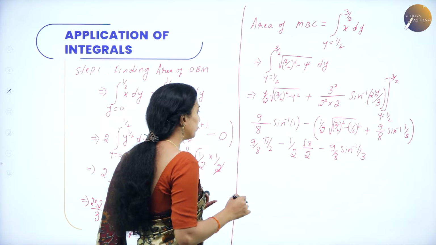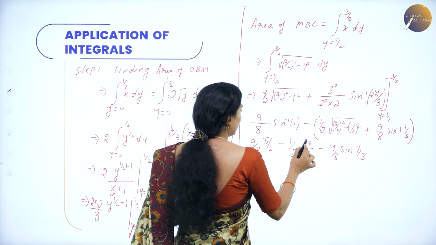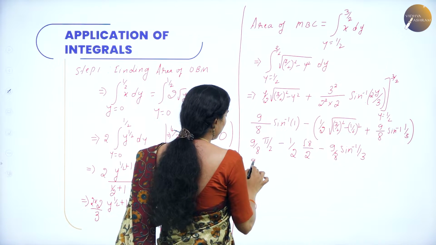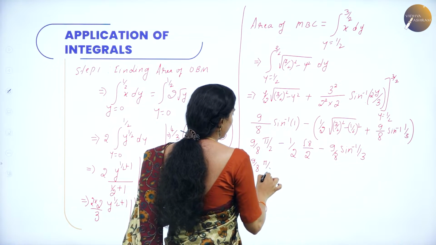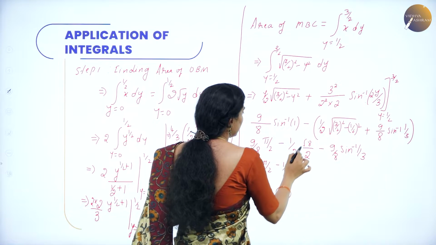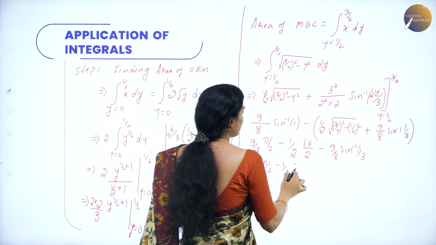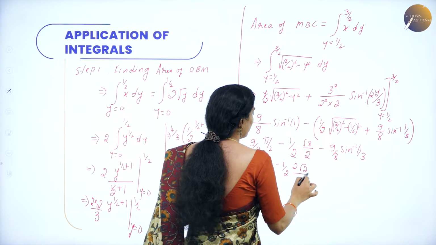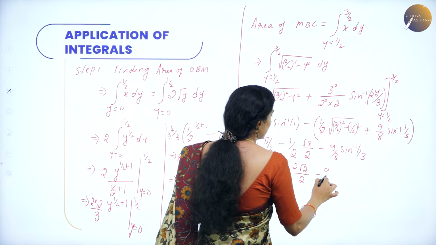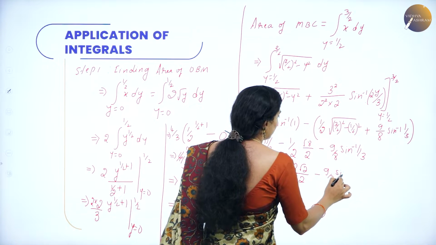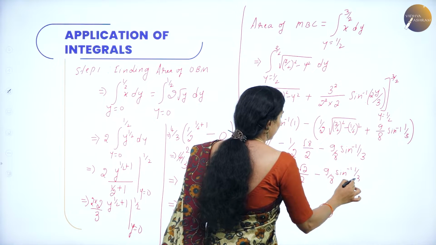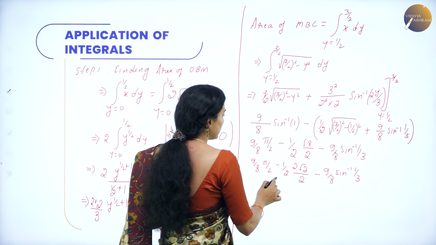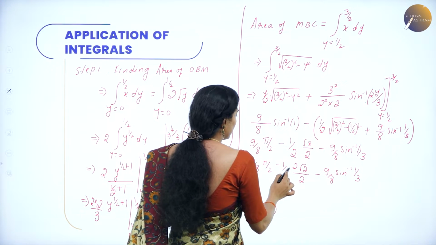Now here you can have, so here 8 can be written as what? 9 by 8 into pi by 2 minus half. This can be written as 2 4s are 8, which is 2 root 2 divided by 2. So minus 9 by 8 into sine inverse of 1 by 3. Now here you can cancel this 2 along with this 2.